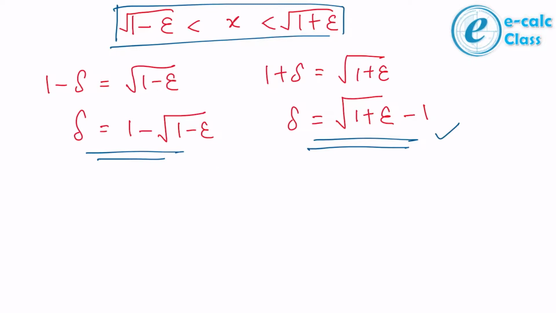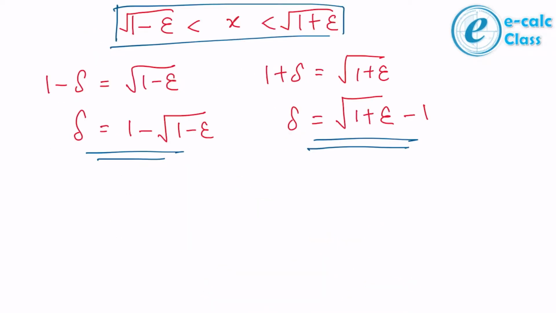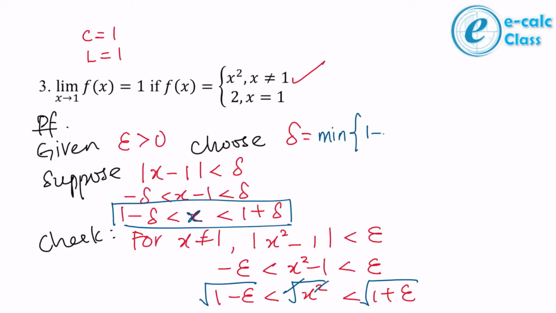So to be safe, I will just write delta is the minimum. Okay, this is when I show you the trick. You just write minimum of these two: 1 minus square root of 1 minus epsilon, and square root of 1 plus epsilon minus 1. Finish. That's it. The minimum of these two will work.